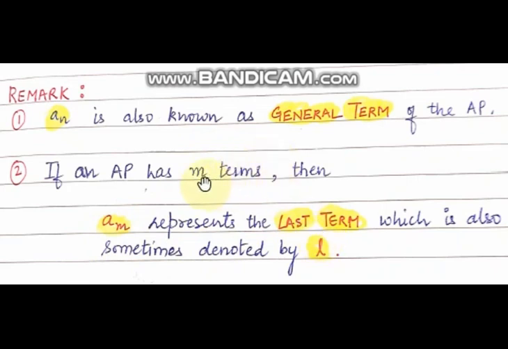Suppose it has 10 terms, then a10 will be the last term, and it can also be denoted by the letter L, since it is the last term. Since we have only m terms, am is the last term, and I can also write that this mth term can be represented by L.